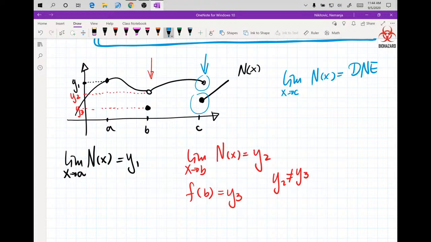They do not match the same y value, therefore by the theorem before, they don't agree, therefore no limit. But is there f of c? Yes, there is f of c. This black dot here will produce the y4 value, and we do have this one.